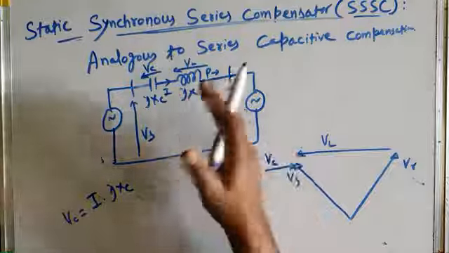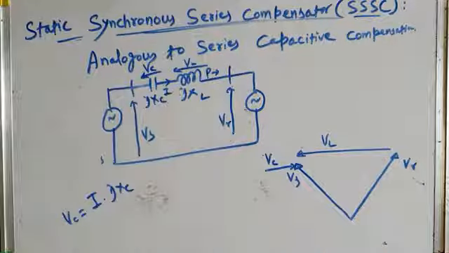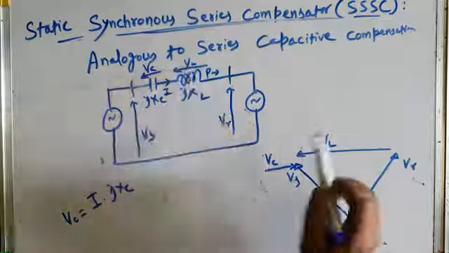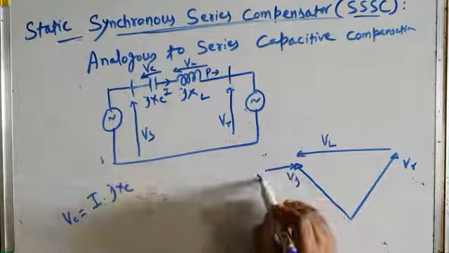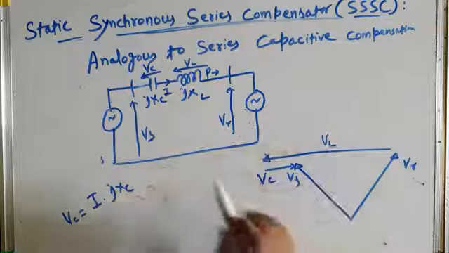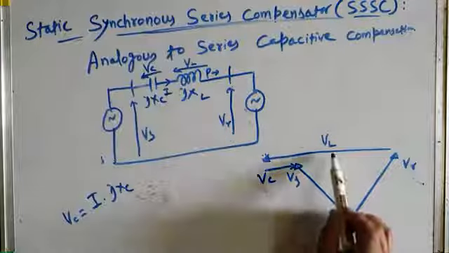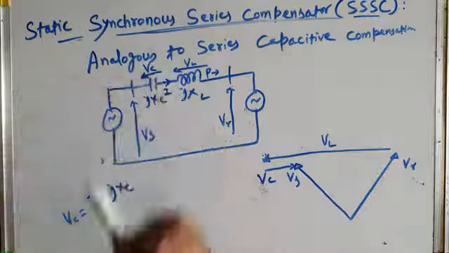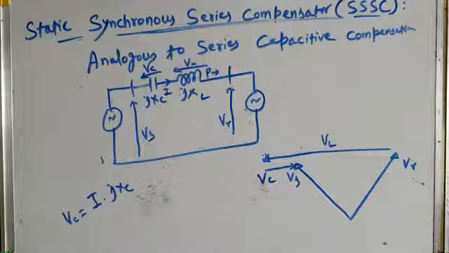So what happens to the total voltage? If you see in terms of voltage, not in terms of line reactance or line impedance, the transmission line voltage is not now VL, it's VL plus VC. So VL now increases by a factor of VC, where VC is the voltage across the series capacitor.